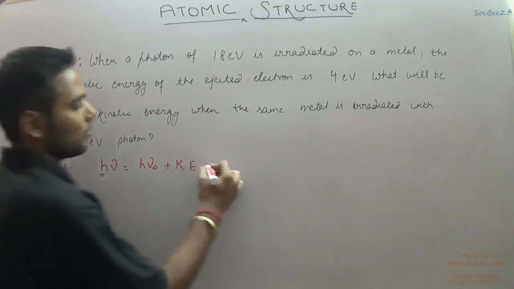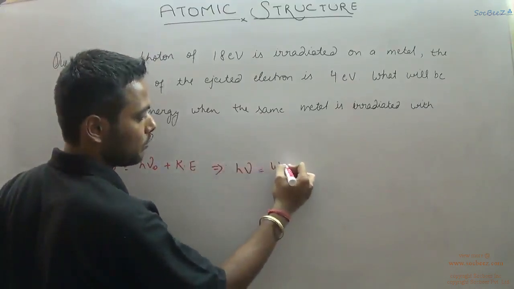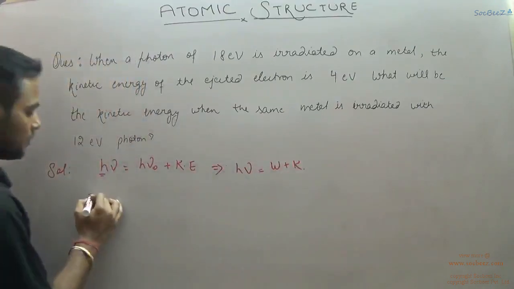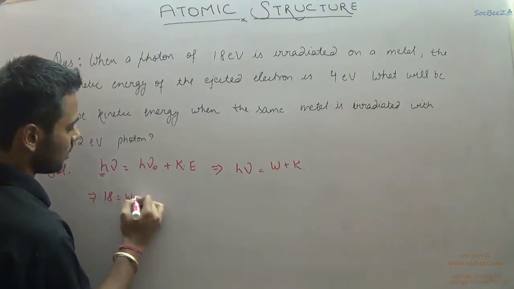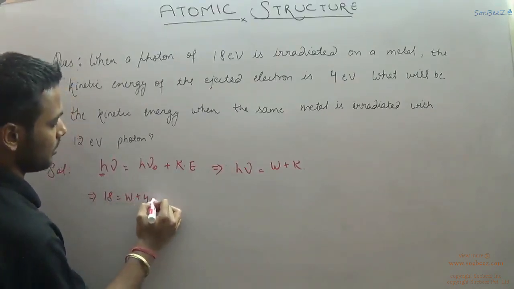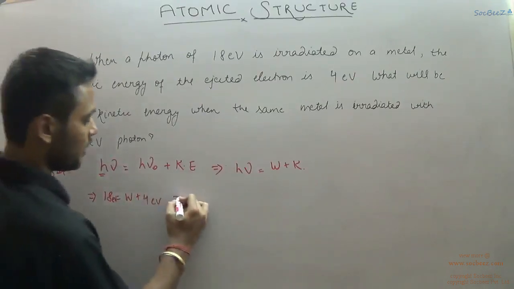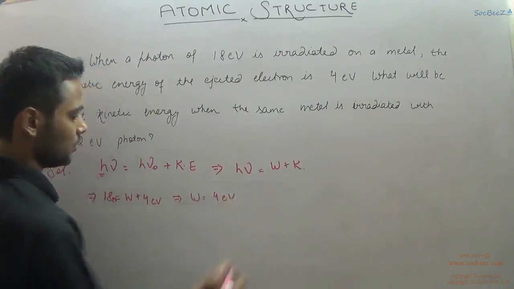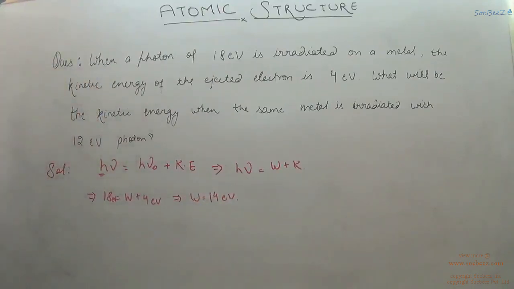We can also write it as h nu equals W plus kinetic energy, where work function is represented with W. Substituting the values, we get 18 equals W plus 4 electron volt, so W equals 14 electron volt.